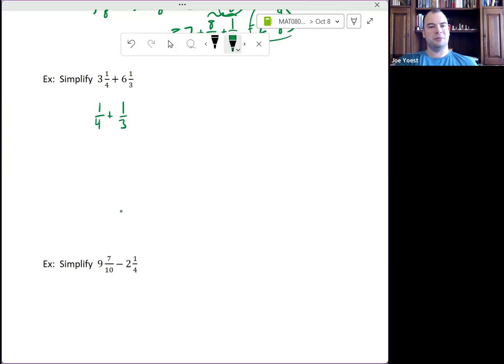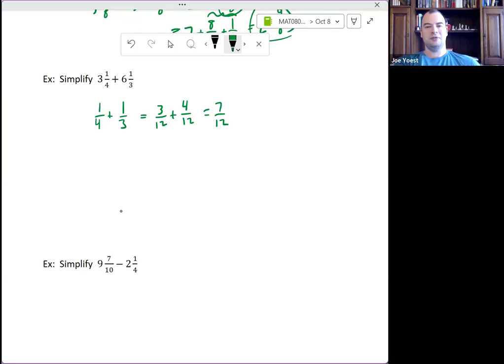So I start with 1/4 plus 1/3, adding my fractional parts together. But hey, this is a problem that I know how to do. The lowest common denominator is 12, so this is 3/12 plus 4/12, or 7/12. Did I end up with a whole? No, I didn't have more than 12 slices when I accumulated all of these together.